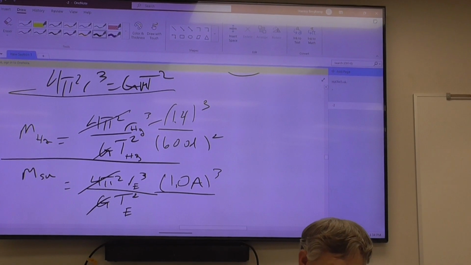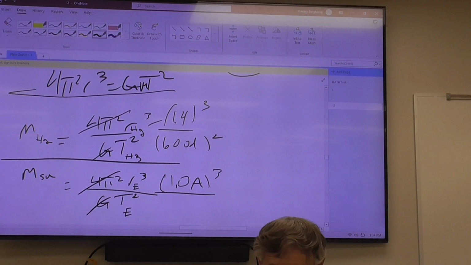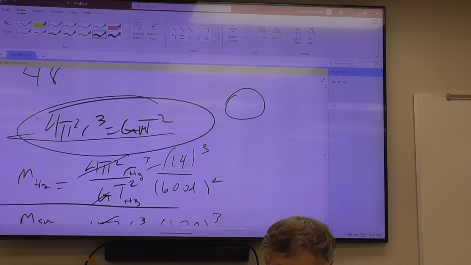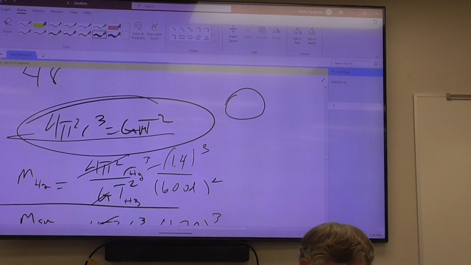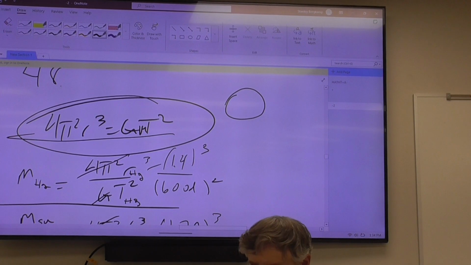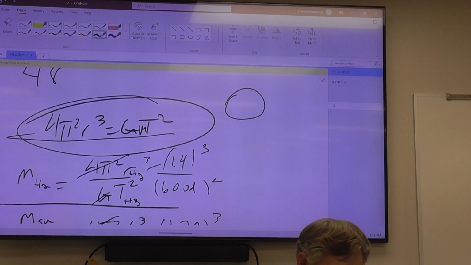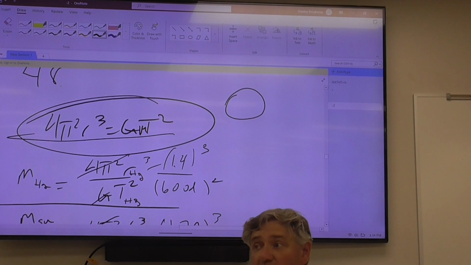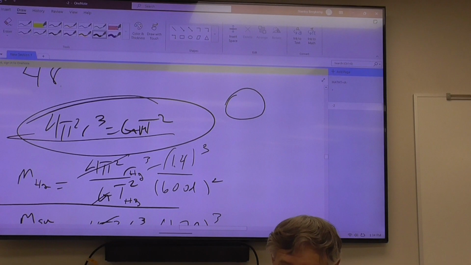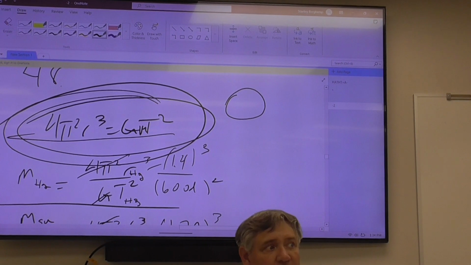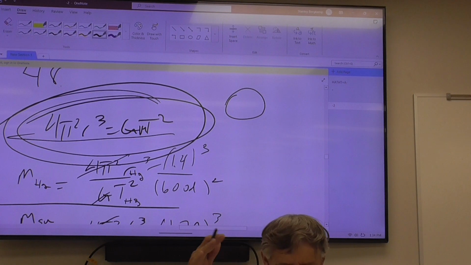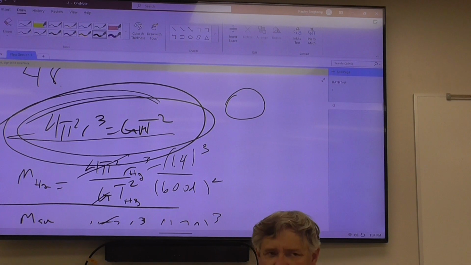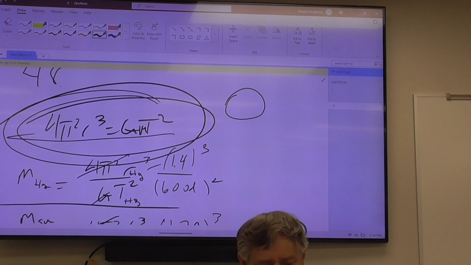Or you could, what I would recommend, how I worked 49, is that I went back to that equation and took that 0.005 AUs and converted that into meters, and then I took 0.13 times the mass of the sun and actually plugged in numbers and did it that way. Because that one, you can do ratios, but it gets wonky. Okay? You're going to get the same answer either way, but it just gets wonky.